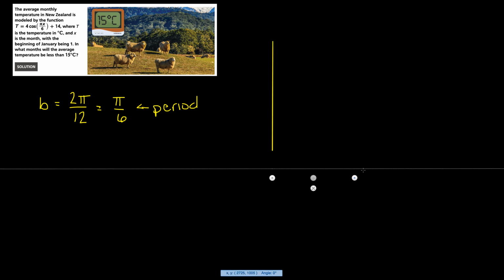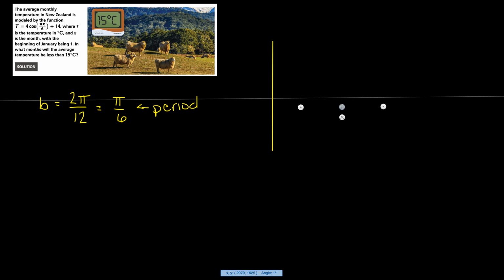That means June will probably be the coldest, or June or July is going to be probably the coldest. And then we warm back up because, again, southern hemisphere. I did not draw the 15 in. I was just trying to think of hot and cold. So this is just a quick drawing to give me reference of what we're looking at. So January hot, December hot, June, July cold.